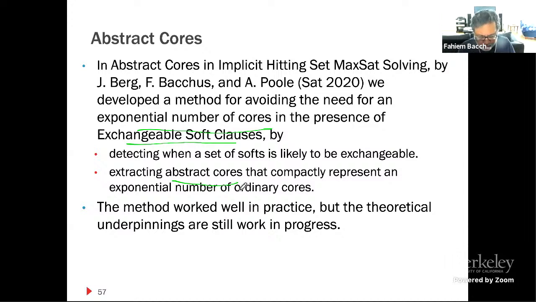And this method worked very well in practice. It allowed MaxHS, for example, to be the best performing SAT solver in the unweighted category in last year's competition. But the theoretical underpinnings of this is still work in progress.